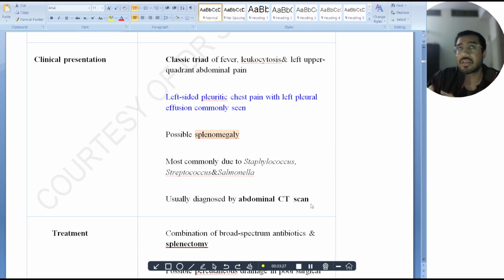If there is an infarct due to blockage of the cerebral arteries as a result of emboli, that is also really well visualized with CT. So abscesses and infarcts in the solid organs, that is the summary of this discussion, are really well visualized with abdominal CT. So when it comes to solid organ infarct or abscess, go for abdominal CT.